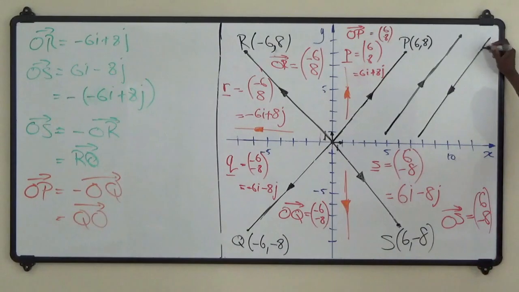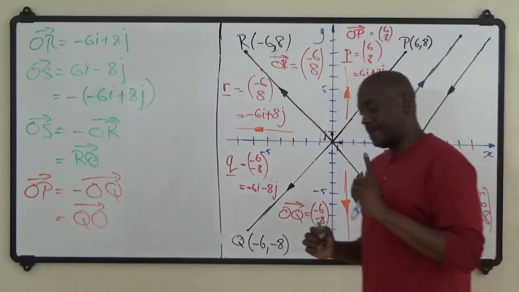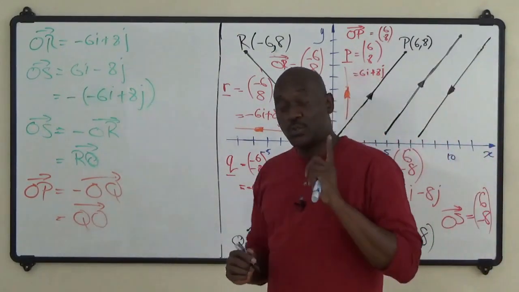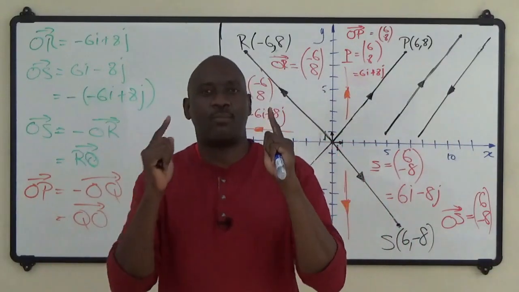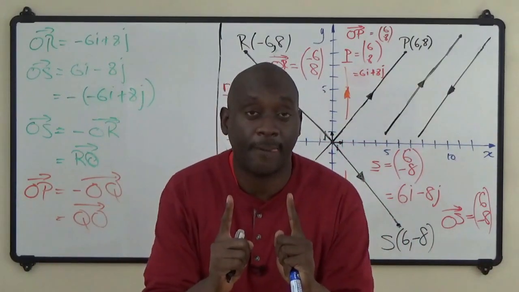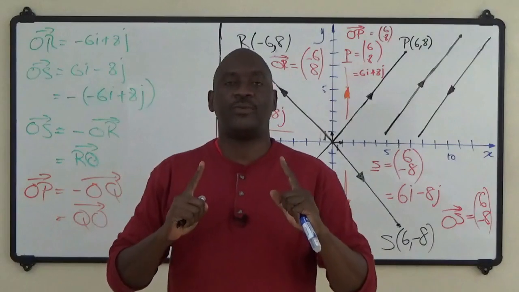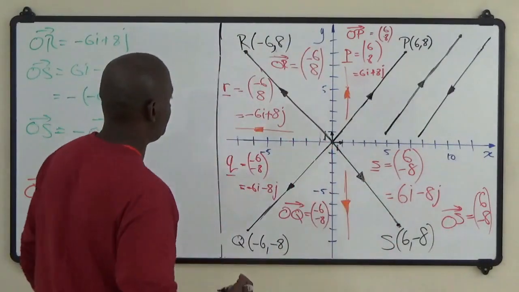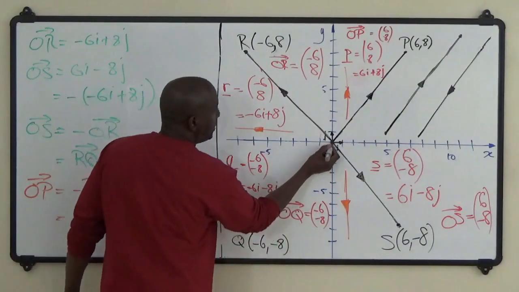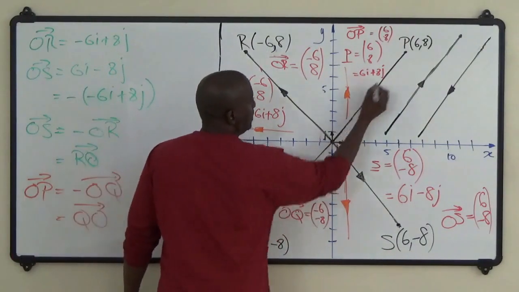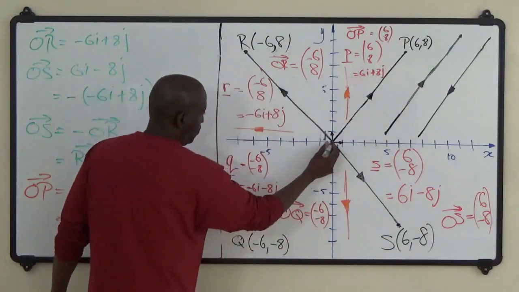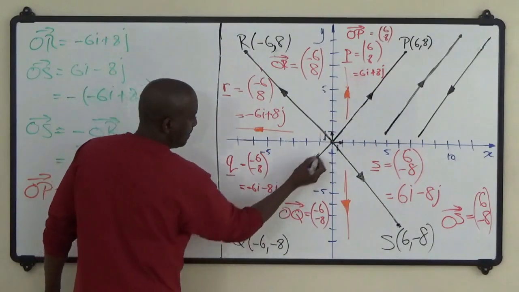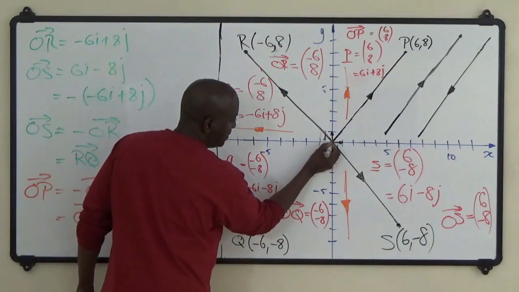If, however, two vectors with the same orientation have one point in common, they are what we refer to as being collinear. So, for example, OP goes like this, and OQ goes like this, but both of those vectors have the point O in common.